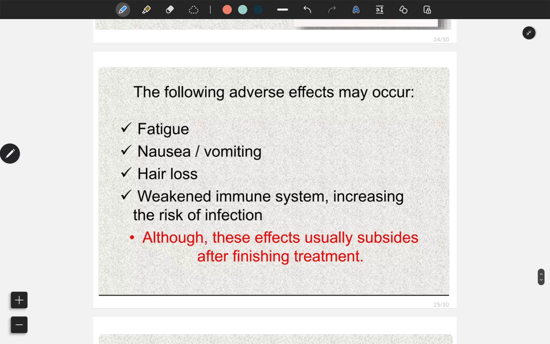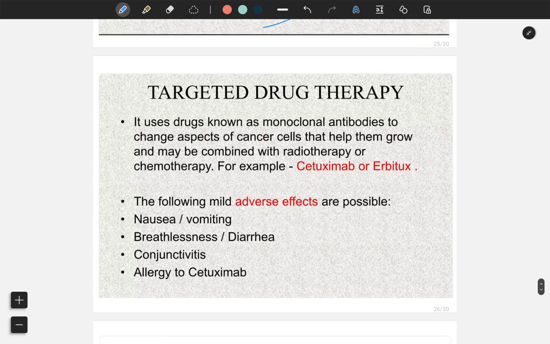The following adverse effects may occur: fatigue, nausea and vomiting, hair loss, and a weakened immune system, increasing the risk of infection. Although these effects usually subside after finishing the treatment. After chemotherapy and radiotherapy, and after a few days, when the patient's immunity is regained properly, the adverse effects usually subside. So there is no need to worry, but we have to go for chemotherapy in a few patients.